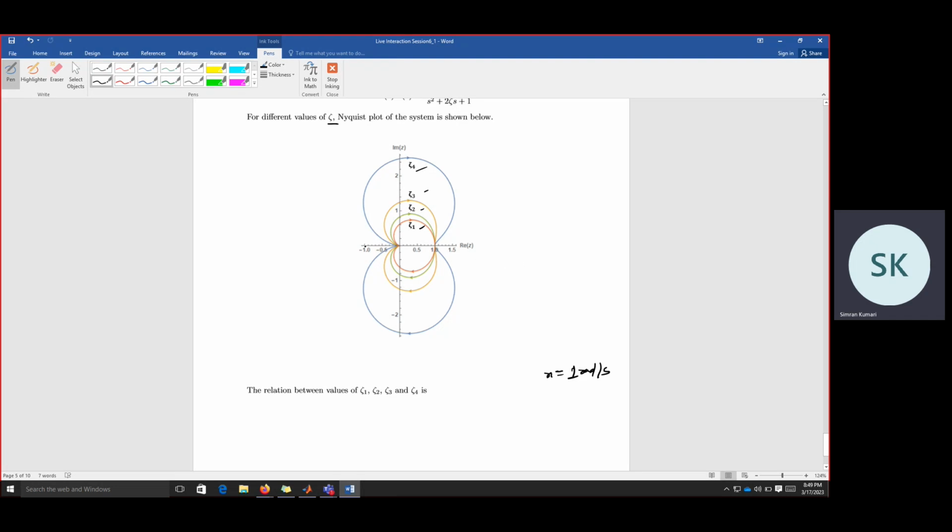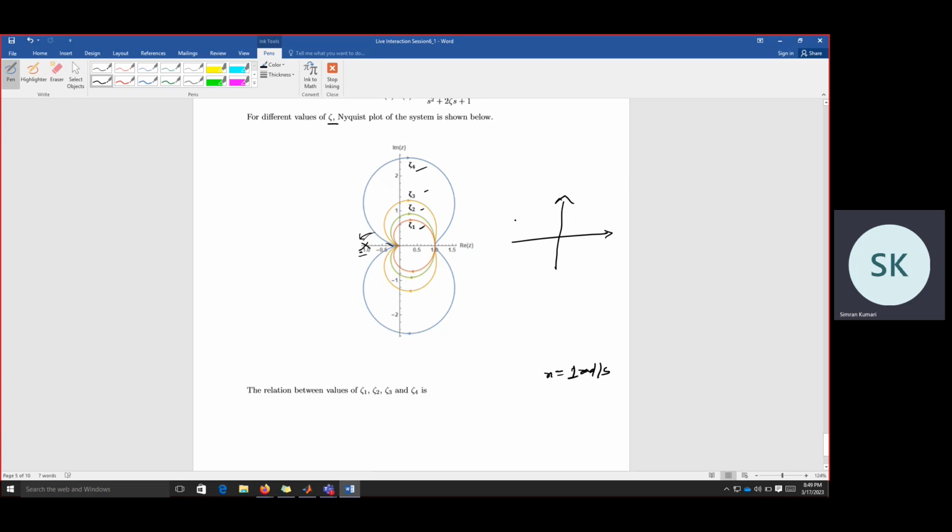Now, if you see, this is the point of concern, minus 1, j0. If the Nyquist plot is closer to this point, that means the system is tending towards instability.